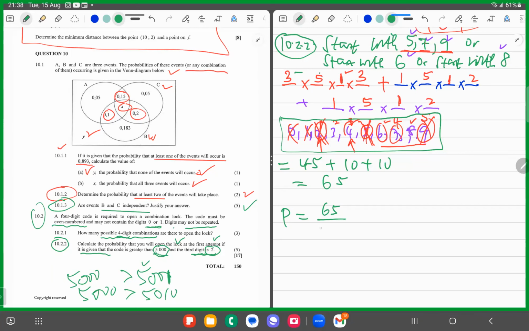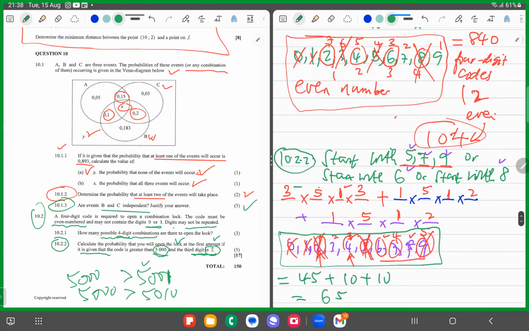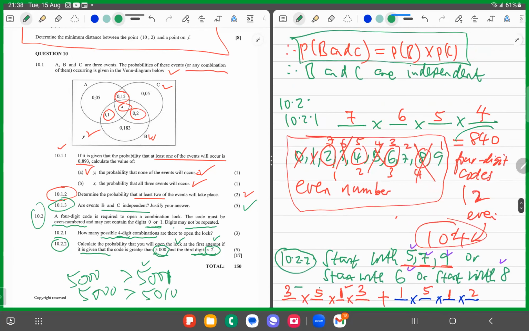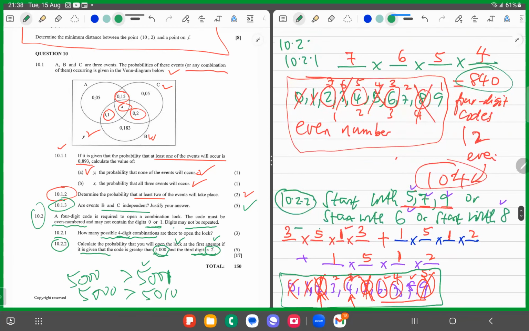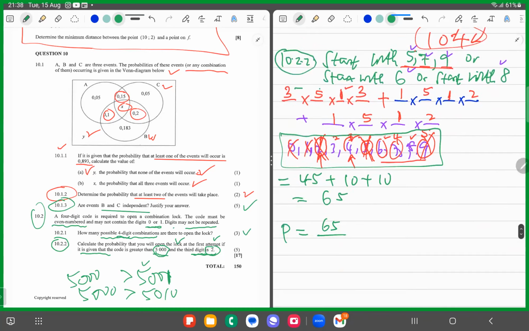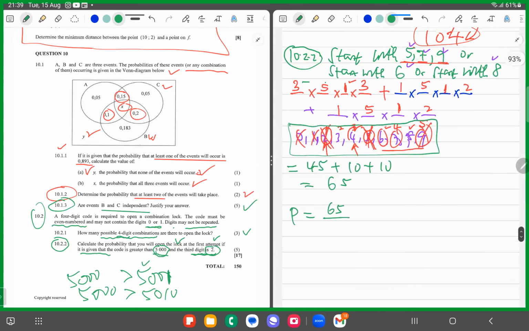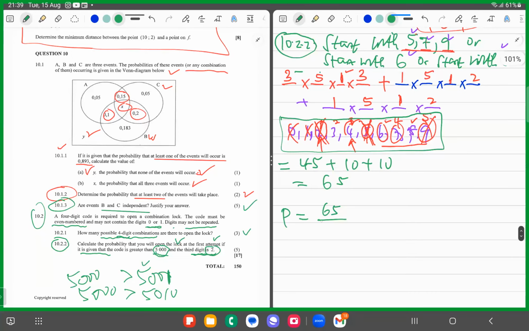You got them in 10.2.1, where we got 840, because they asked how many possible 4-digit combinations there are. Therefore, at the end, it is 13 divided by 168, which is 0.08. Which means the probability that you'll open the lock at first attempt is 0.08.